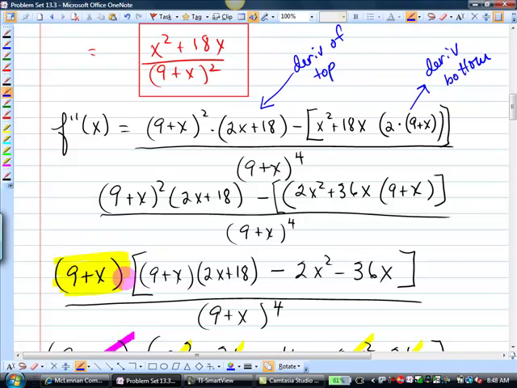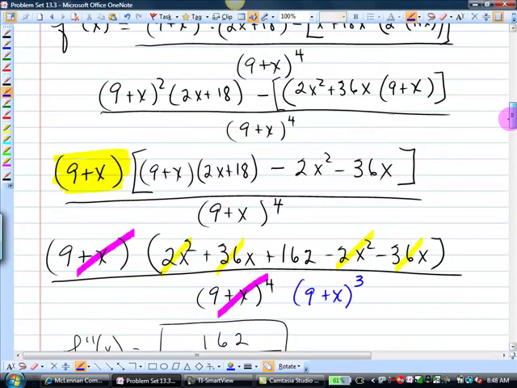I took 9 plus x and factored it out and said, okay, if I take 9 plus x out of this guy, then one of those is left, 9 plus x, and that's left. Everybody good with that? If I take it out of this piece, then the 9 plus x is gone, and I'm just left with this.